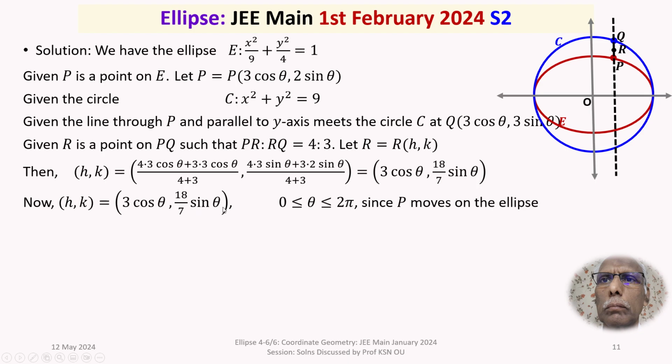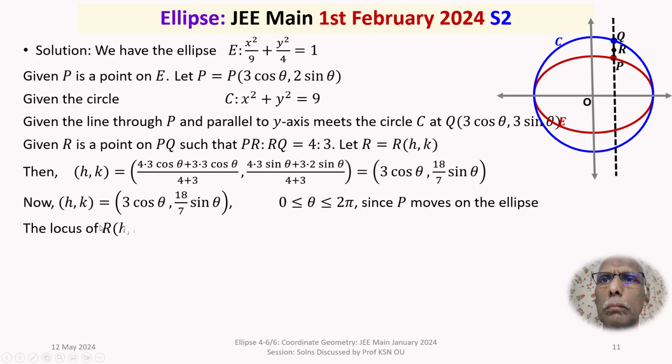Now what is P doing? P moves on the ellipse. As P moves on the ellipse, theta varies from 0 to 2 pi. As theta varies from 0 to 2 pi, the locus of h, k will be an ellipse: (h by 3) whole square plus (k by 18 by 7) whole square is equal to 1.